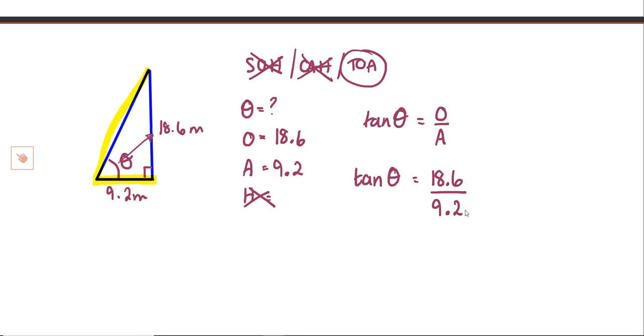Now, we have a slight problem. Because we've not done this yet, we've not figured out how do we figure out the angle from the ratio. All we've done is found the ratio from the angle, right? So we've got a new thing here, so you have to be all awake at this point.